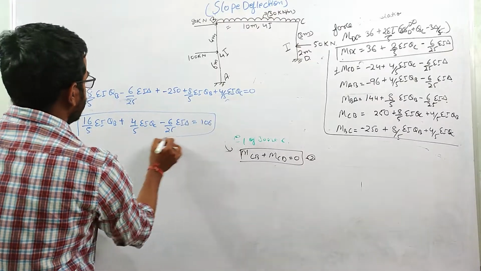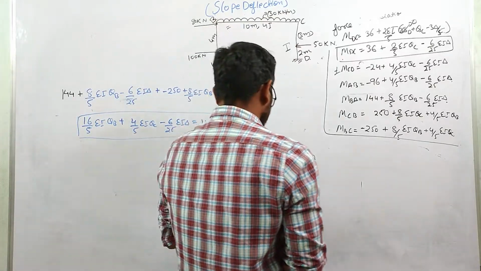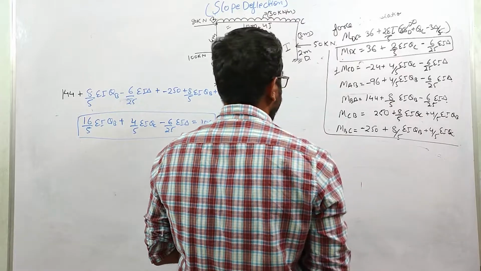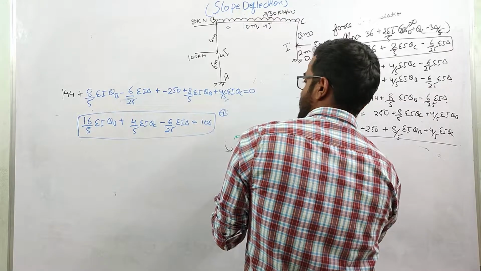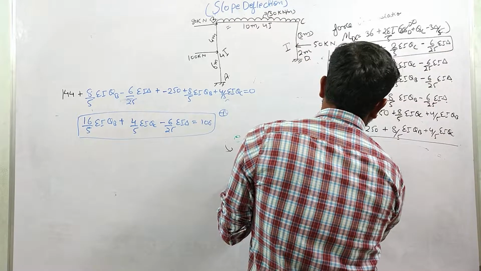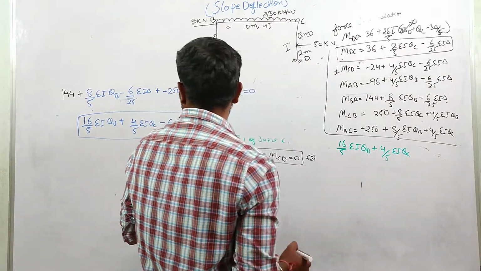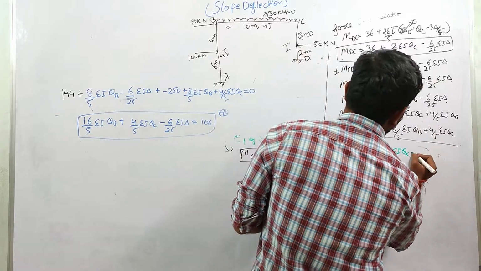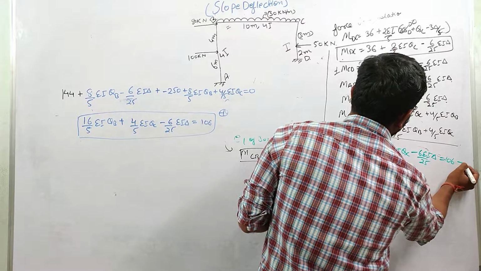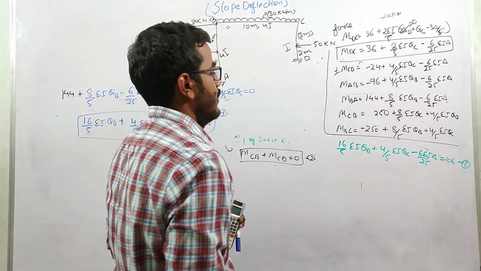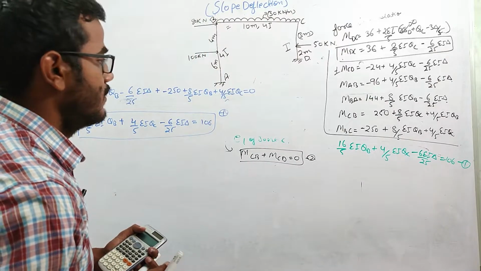So this is the desired equation. So I can write this equation: 16 by 5 EI theta B plus 4 by 5 EI theta C minus 6 EI delta over 25 equals to 106, and let us give this equation number 1.